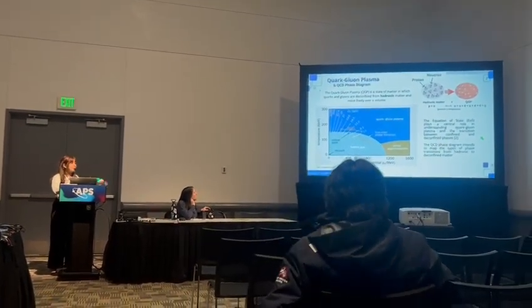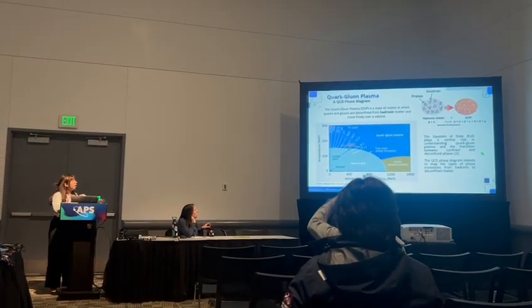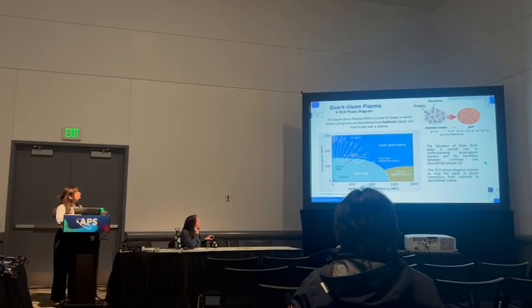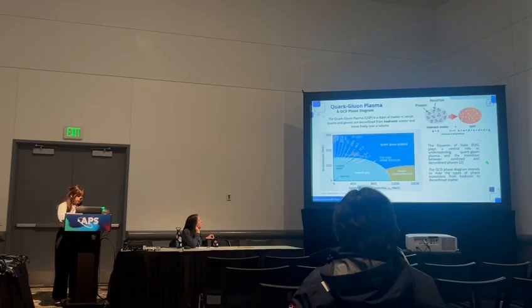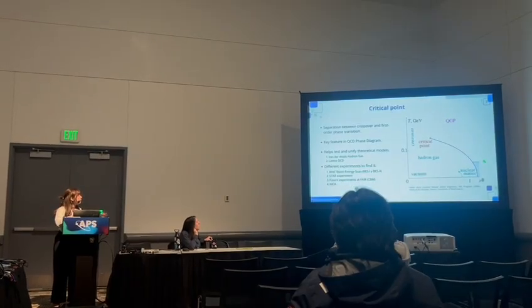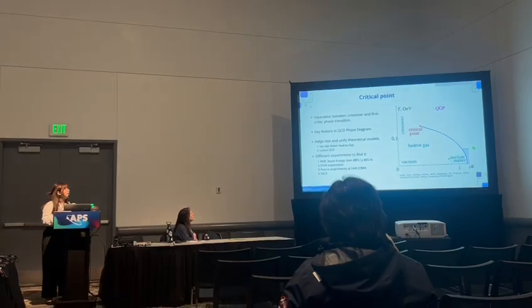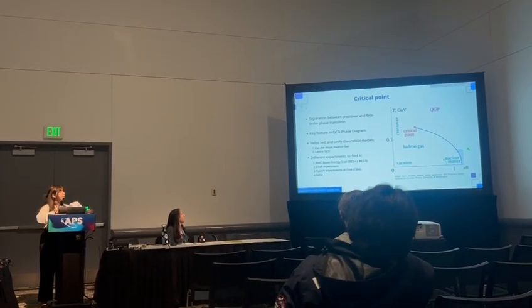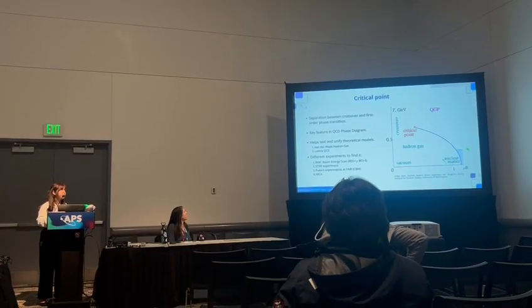Well, this is an approximation. We are trying to find the critical point. At the beginning, we have a crossover transition, and then the first order phase transition. That is also speculative. So the critical point is important because it can tell us where the crossover region ends and the first order phase transition starts, or vice versa.